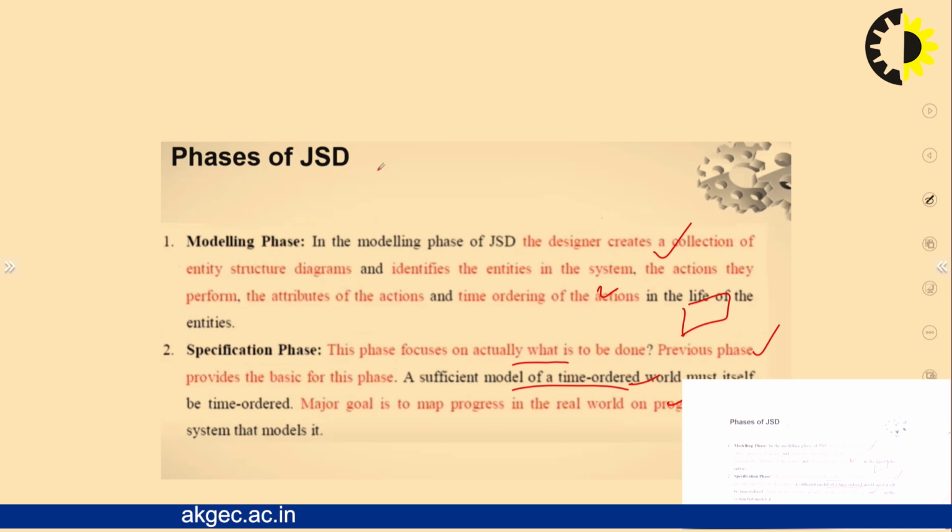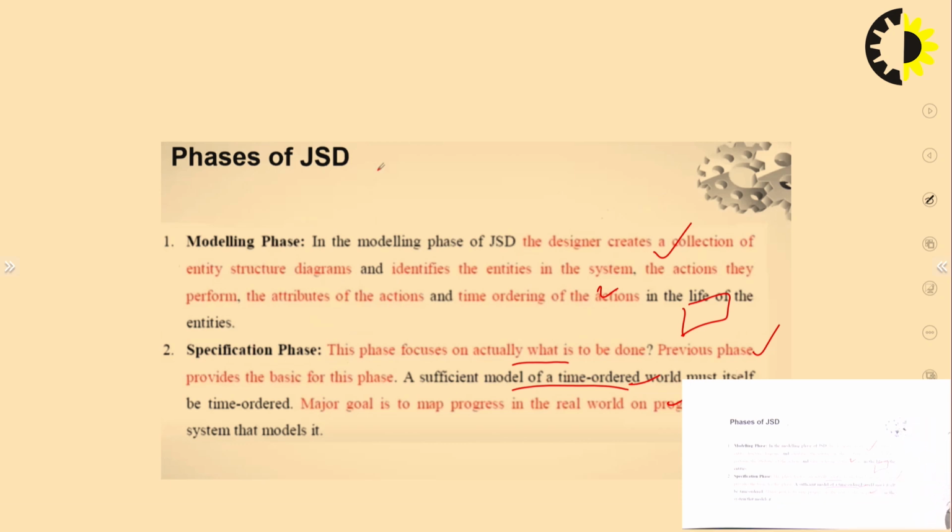So you have to find out the object classes, and after that you have to develop the diagram. Okay, that is what the modeling phase says. And in the specification phase you have to find out what is performing and at what time it performed, and after that what is the sequence of that particular object's performance.